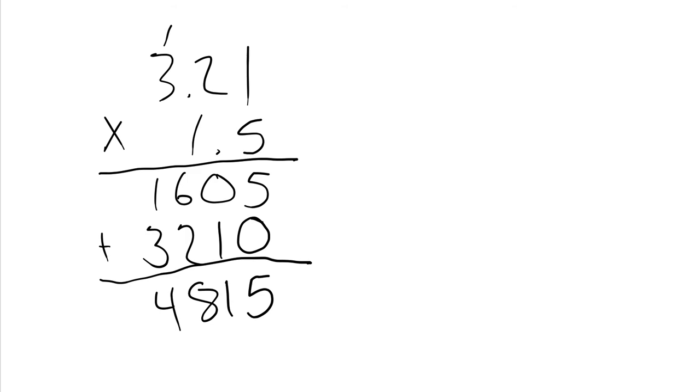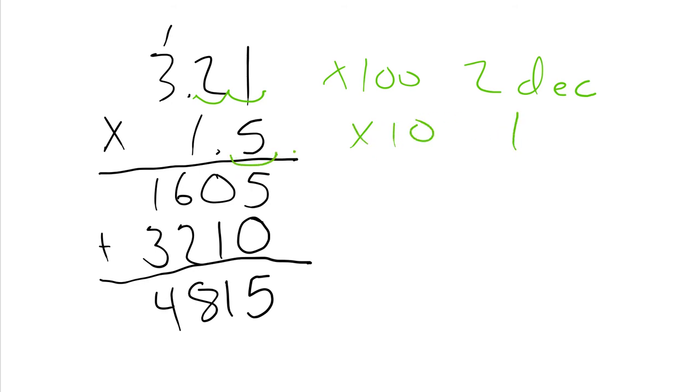When we multiply decimals, we deal with the decimal at the end. So over here, to make this 321, we had to multiply it by 100, which is 2 decimals. And the 1.5, we multiplied it by 10. There is 1 decimal, right?